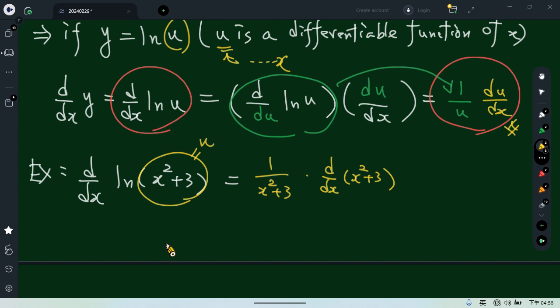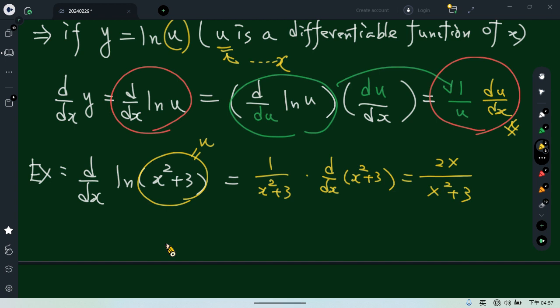So the answer will be 2s over s squared plus 3. Sometimes when you see this result, you can find that when I integrate this part, the result will be ln of s squared plus 3. But later we will talk about the integration.